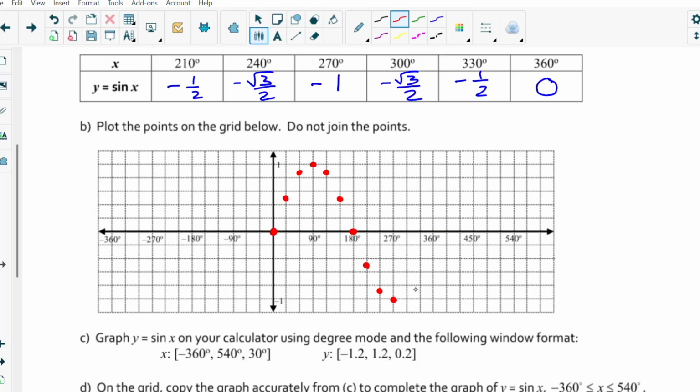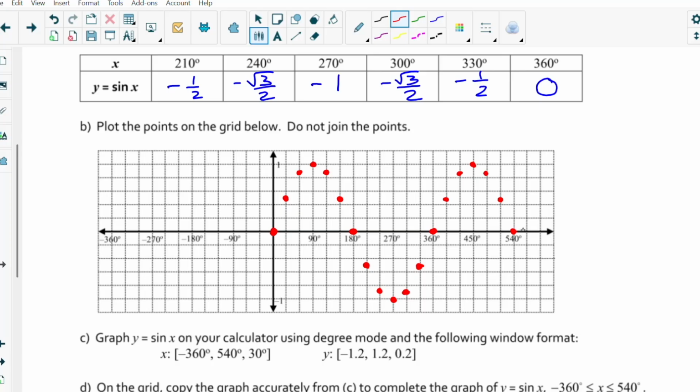Then 300 degrees, negative square root of 3 over 2. 330 degrees, negative 1/2. And 360 degrees at 0. Okay, if I keep repeating this, I can keep doing this, right? If we do those coterminal angles, we're going to keep getting these values.